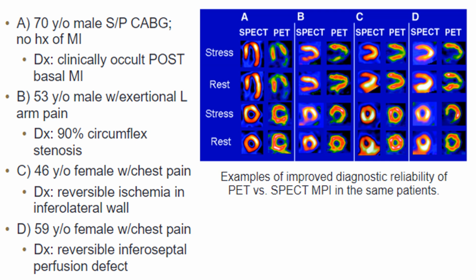The spatial resolution is much better with PET because the technology is a little bit more improved. You also have better spatial resolution with the PET radionuclides than you do with technetium.